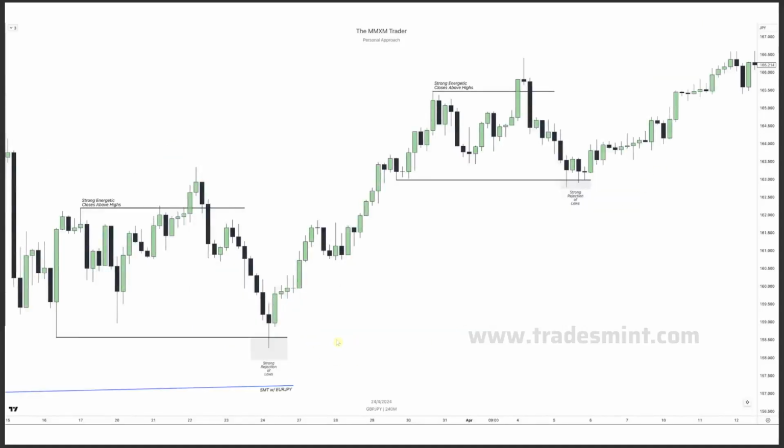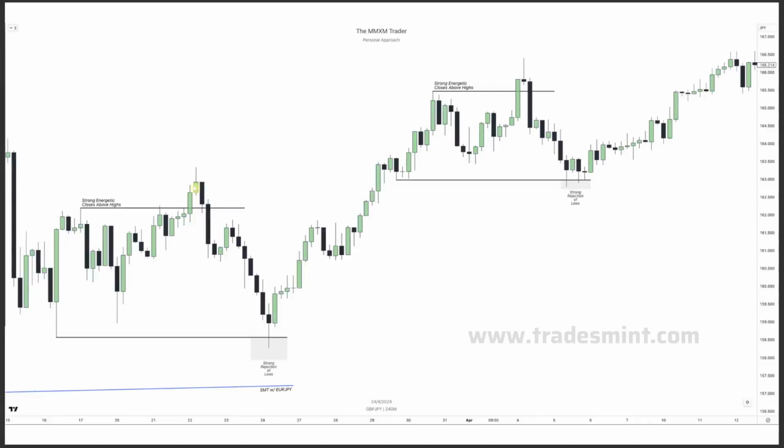So now another thing we can look out for, right? The strong rejection of a low, you will most of the time see that with a wick. So it will wick through that low, but the body closure will still be above that range. And you can actually see that because we're in an uptrend, we have a strong energetic close above this high.